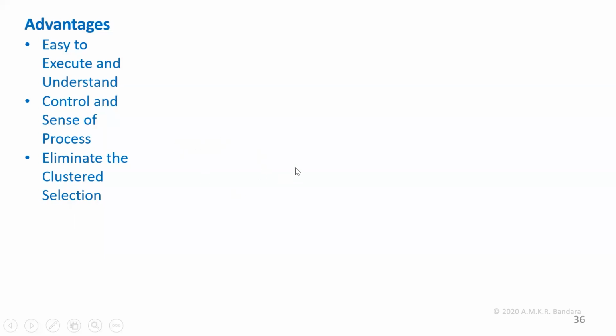Then we select the others using a pattern. Then we eliminate the cluster selection. In cluster sampling, we select clusters, and from that cluster, all the farmers will be included.